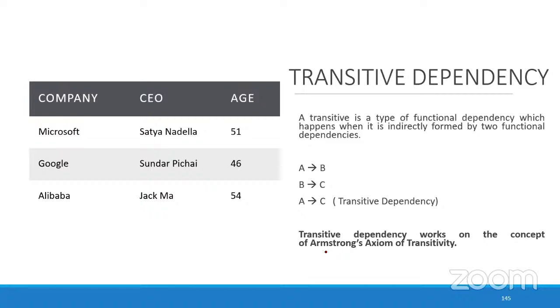A transitive dependency is a type of functional dependency which happens when it is indirectly formed by two functional dependencies.